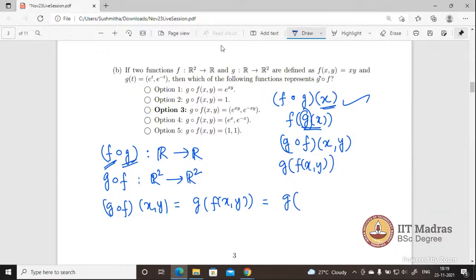It's going to be G of X comma Y, and G of X comma Y is going to be e power x comma y comma e power minus x. So this is the right option, right?